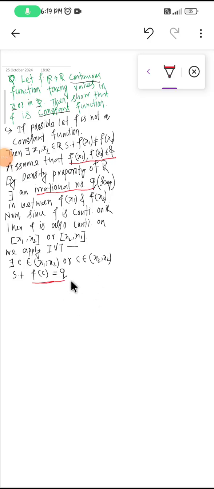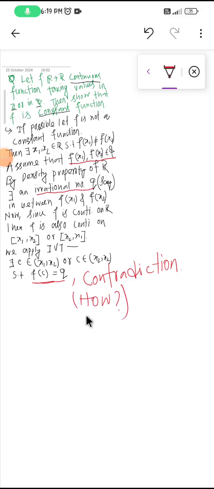But see here, this is a contradiction. How? We know that f of c is a rational number, because f takes values from Q, and q is an irrational number. A rational number is not equal to an irrational number, but here we see that a rational number equals an irrational number, which is not possible. This is a contradiction, so our assumption is wrong.